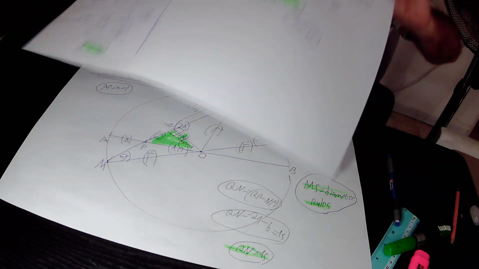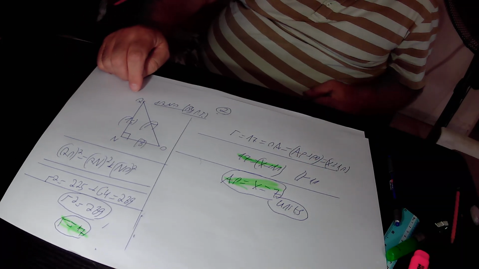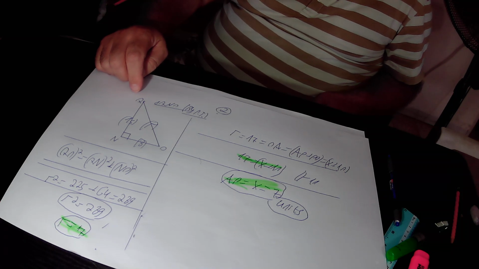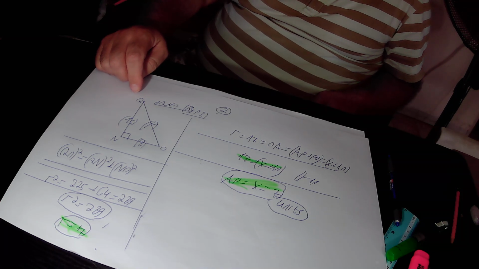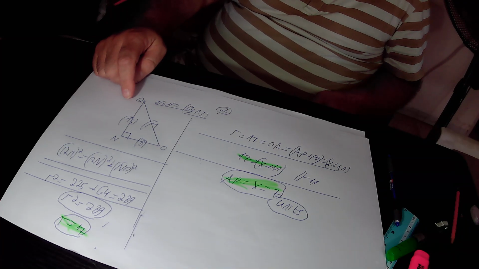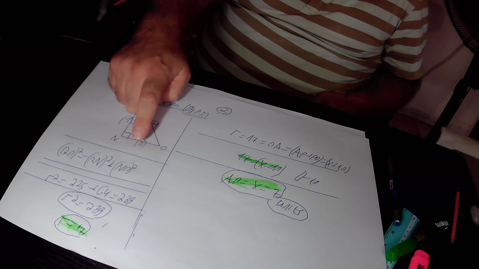So this is the right triangle QNO, copied from the original diagram. QO squared, that is the square of the hypotenuse, equals QN squared plus ON squared.